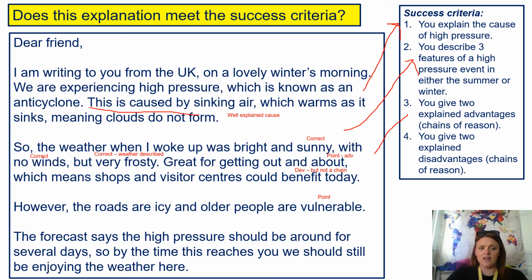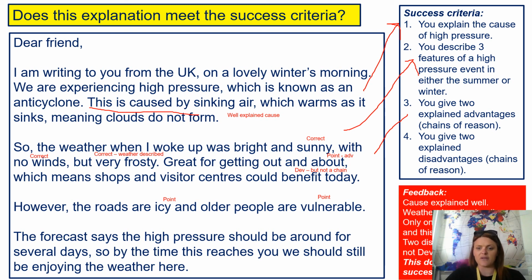Third paragraph or line, they've given a point, but they've not explained it very much. So overall, it's really well explained, but they haven't given 2 disadvantages with a chain of reason, and they haven't given a chain of reason for the advantages. So therefore, it doesn't meet the success criteria.